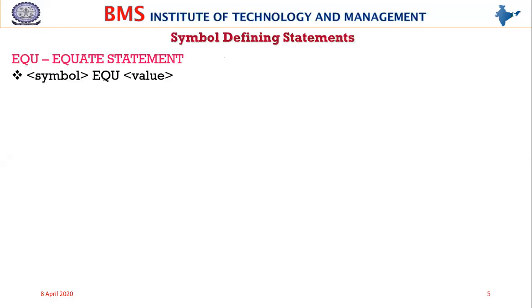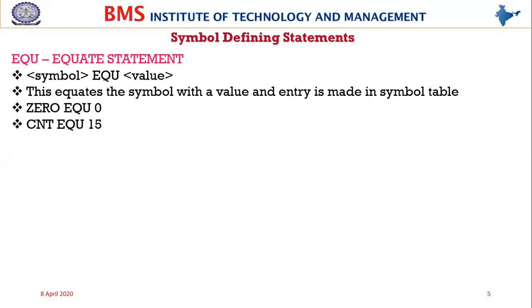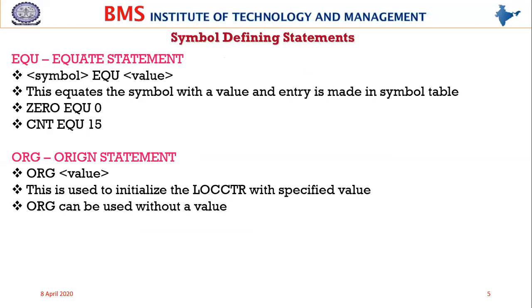And then we went to the equating statement, which is going to define a new user defined symbol, assigning it a value, right? And the org statement will initialize the location counter to the specified value. If no value is specified, then it is going to continue with the previous location counter value. That's the 3 things we learned: literal LTORG, EQU, and org.